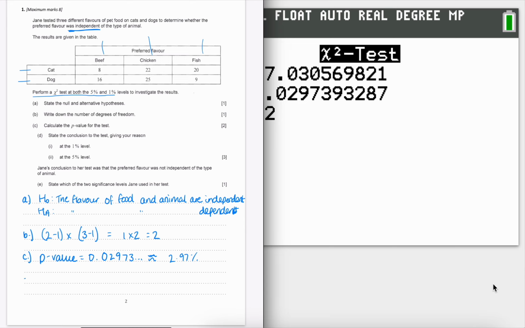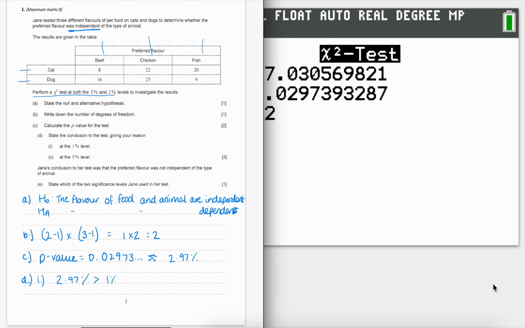And then part D asks us to state the conclusion at, first of all, a 1% significance level. So if it's at 1%, then our p-value is 2.97%, which is bigger than 1%.